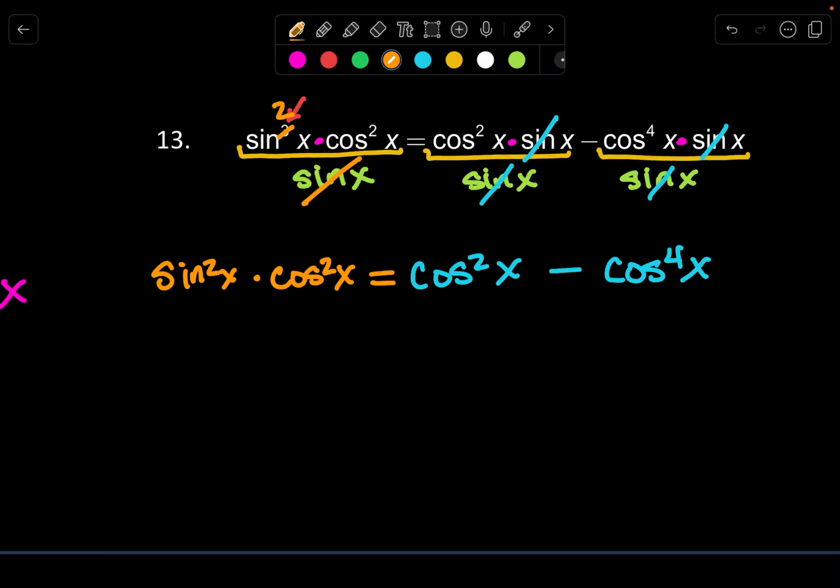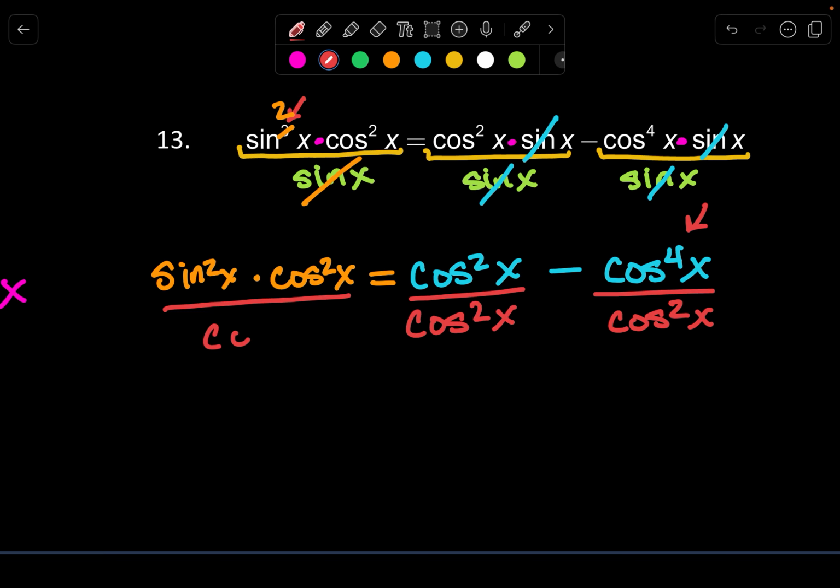So it definitely simplified my problem. And now I've still got a 4 up here that I don't love. And if I look, I've got my first value, my second, my third. All of them could have a cosine factored out, and they actually could all take 2. I'm going to take 2.